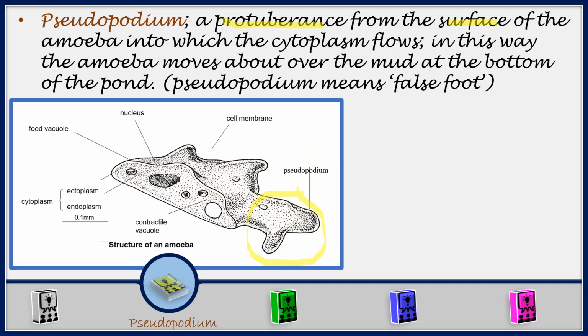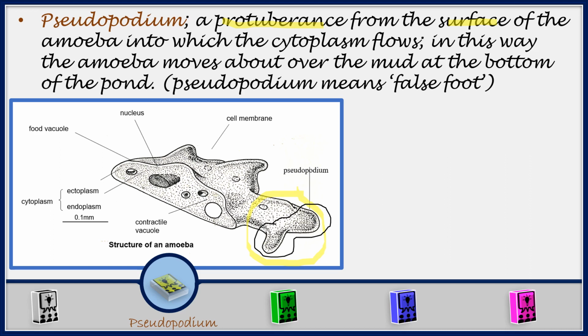This protrusion is a means of movement for the amoeba, and when it extends, the cytoplasm will flow in that protuberance.